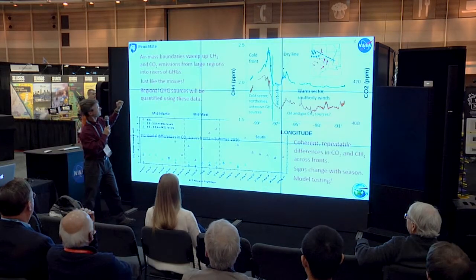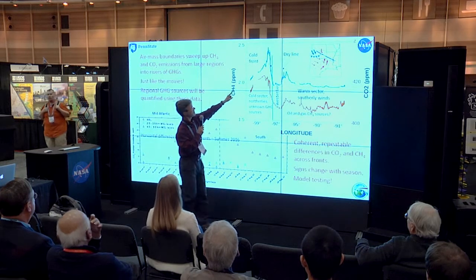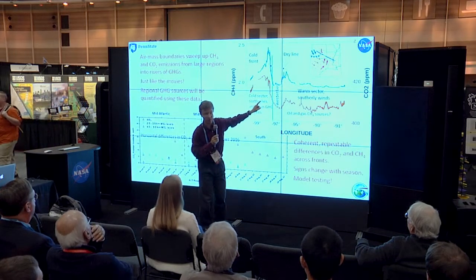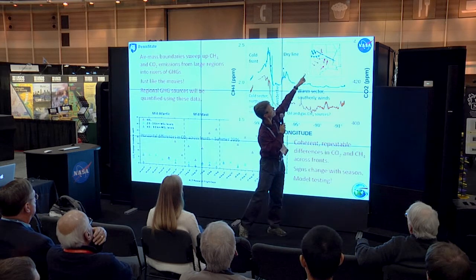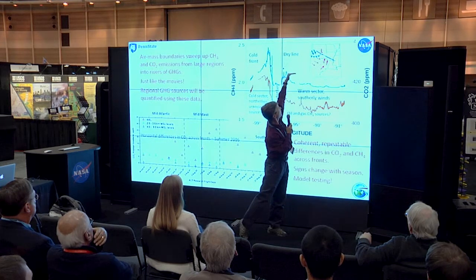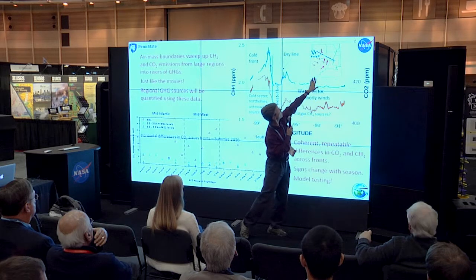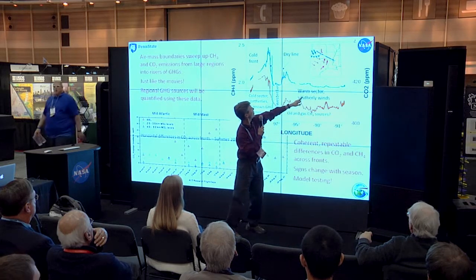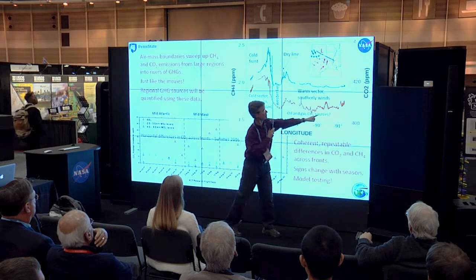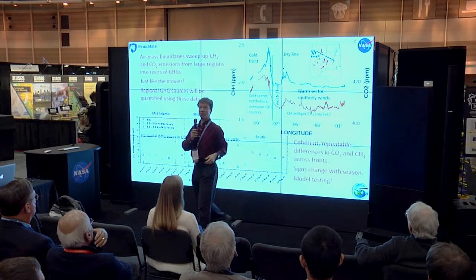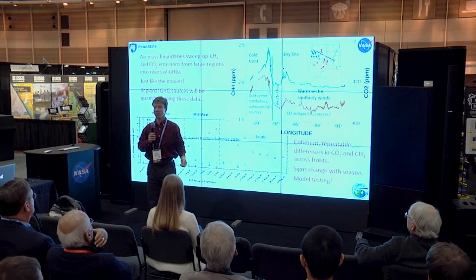For example, we have seen that, just like the movie, when there are frontal systems coming through, there's a low pressure system in Oklahoma with a cold front and a dry line with warm flow and cold flow, you see huge gradients in methane and CO2 organized by those frontal boundaries, just like the movie showed, which is great.